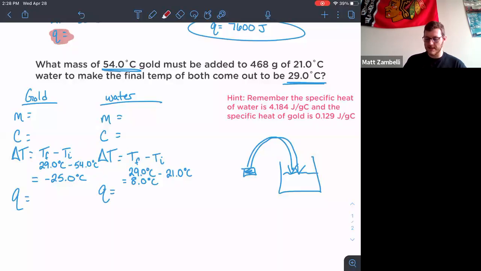Is this 468 grams? Is that gold's mass or is that water's mass? Water. Awesome. So we know this is 468 grams. What else do we know? Do we know specific heats? Do we know the mass of gold? Do we know the Q?